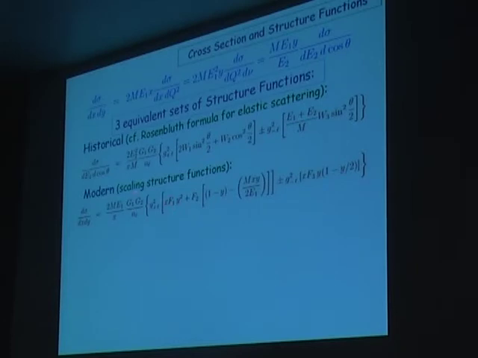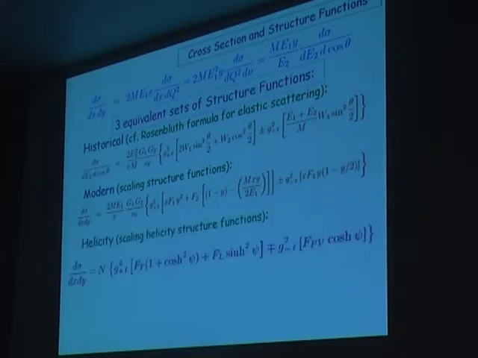Nowadays, I call them scaling structure functions, F1, F2, F3, which to zeroth order approximation are functions of x only. Again, with general couplings, it looks a little bit messy. And the third way of writing this is really my favorite way. I think it has the most physically apparent interpretation: the helicity structure functions.